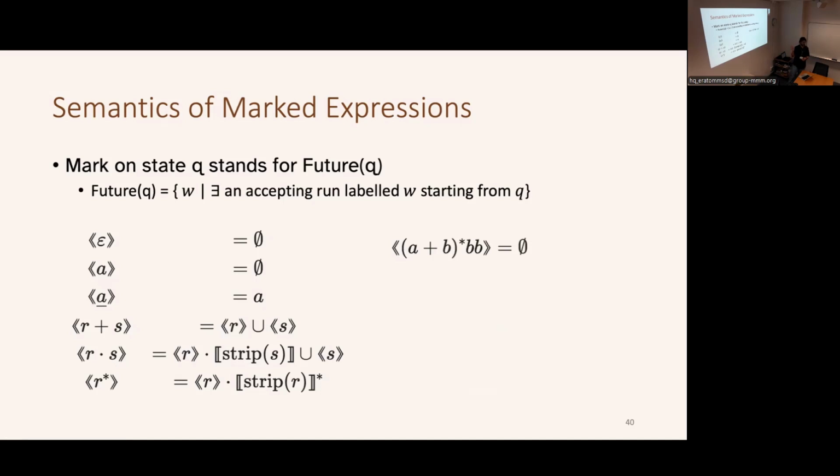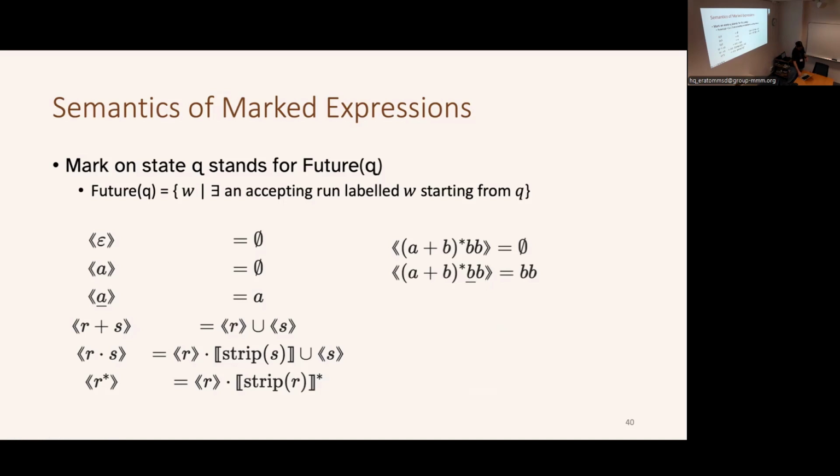So here the semantics of this is just the empty set, because there are no marks here. So in the NFA that this represents, that NFA does not contain any futures because you couldn't begin your runs from anywhere. So here, this represents the string BB. Like, this represents the language containing just the string BB, because the idea is that you start from this mark and you are allowed to finish.